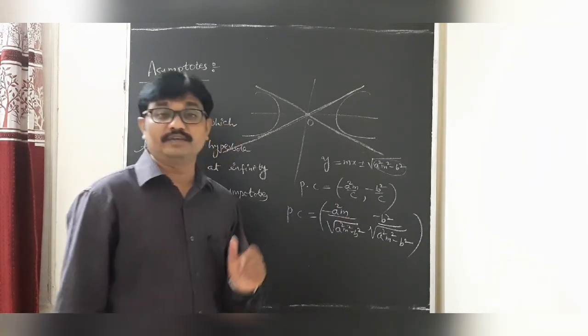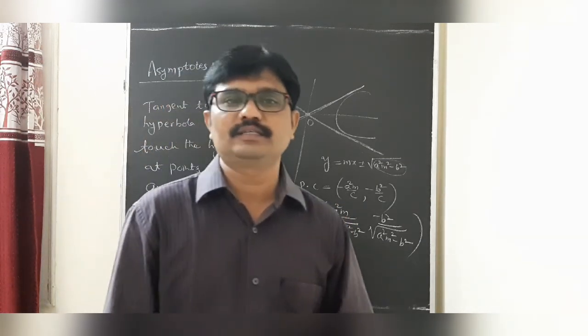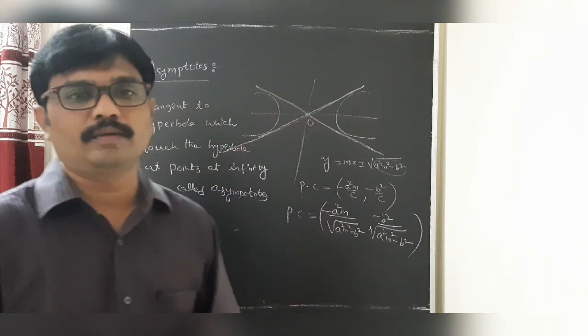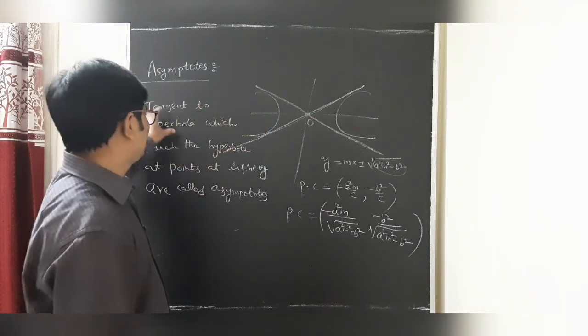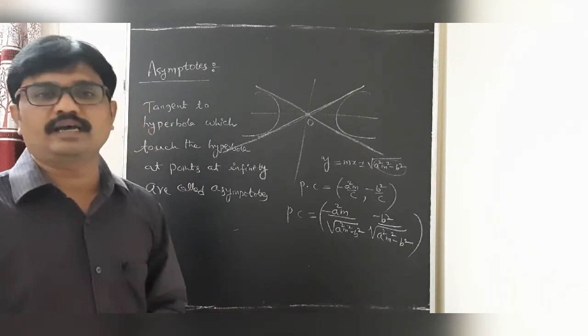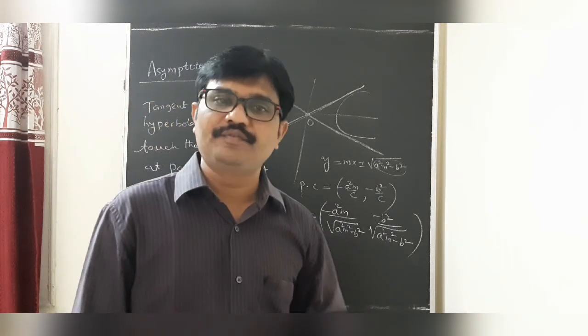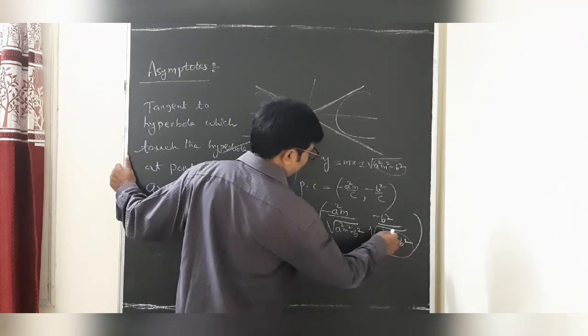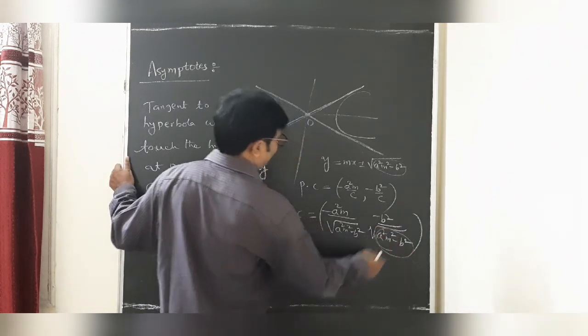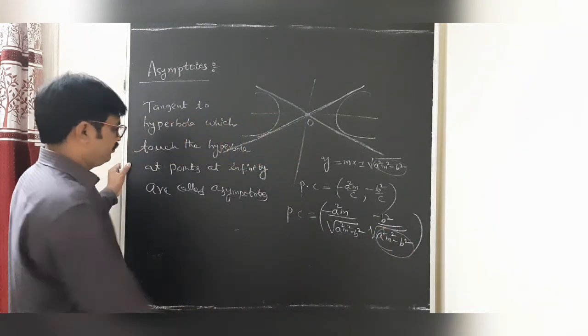What is the definition? The tangents to the hyperbola which touch the hyperbola at the points at infinity. Infinity means undoubtedly, students, that the denominator will be 0. When the denominator is 0, we know that it is infinity.